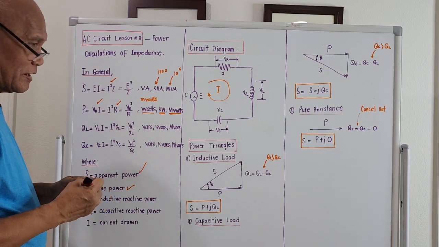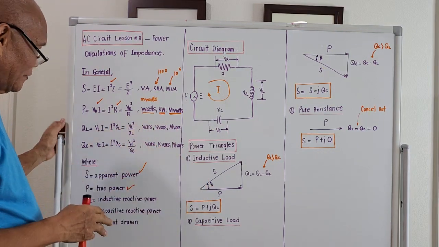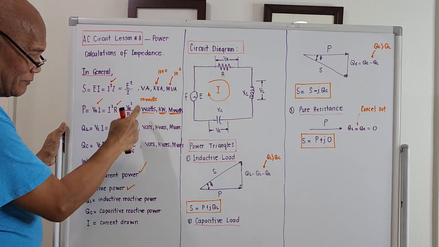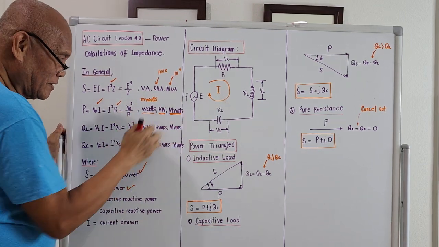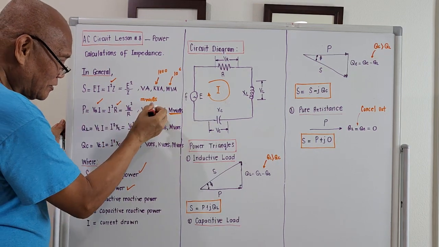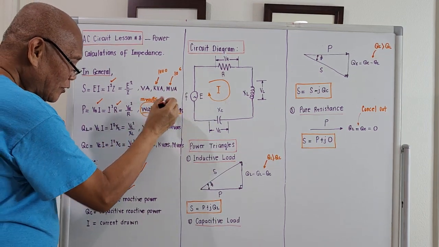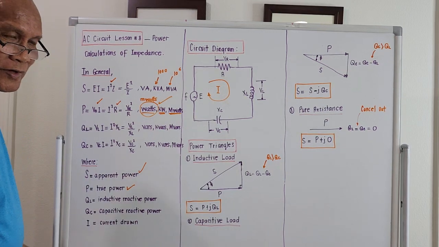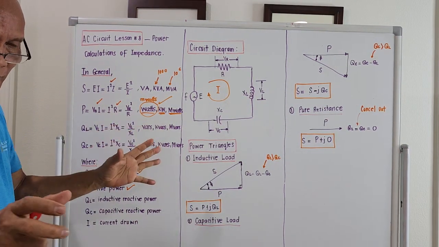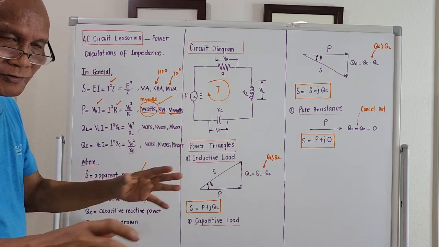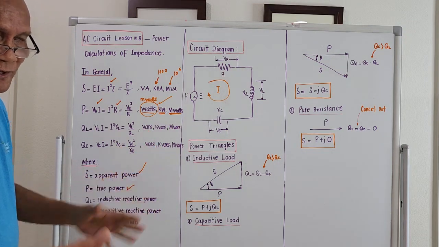So actually the rating of true power, I will start with the smallest one: milliwatts, watts, kilowatts, megawatts, or gigawatts. This is actually the one we are paying to the utility companies. If we could minimize the true power consumption of our household appliances, we will be saving money.